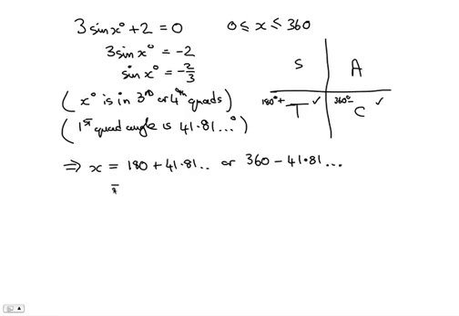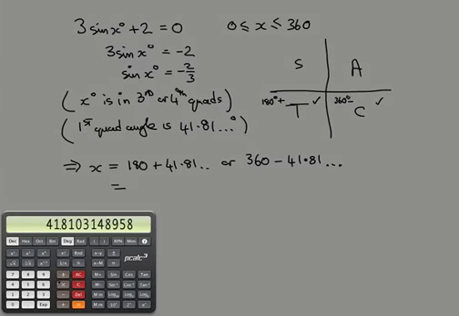We now want to do these calculations, and 41.81 is important. Remember that came from the 2/3, 2 divided by 3, and what angle had a sine that was that, 41.81.